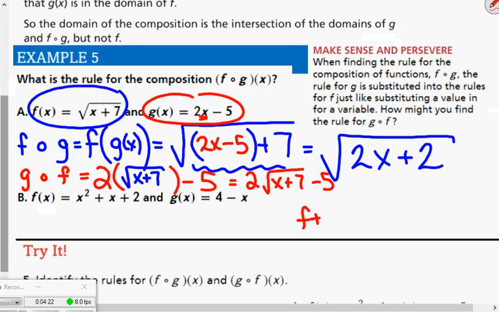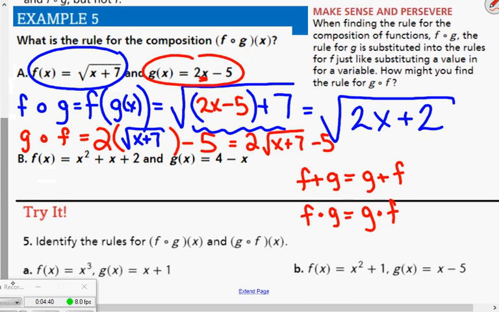Can F plus G be reversed? Everybody say yes. Yes. Good. Can F times G be reversed? Yes. Can subtraction be reversed? No. But maybe, only in rare cases, right? So F minus G is not the same as G minus F. And then division.